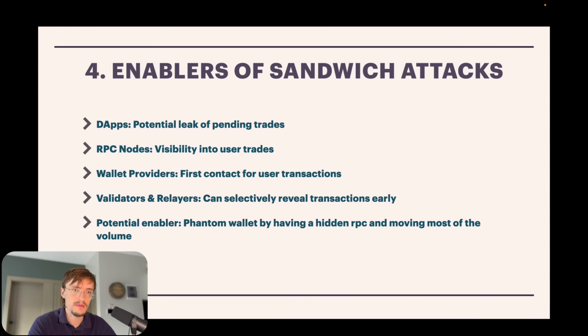I shared this in many videos, but for validators, every time a block is generated, there is a leader validator that builds that block, puts those transactions together for a profitable block. And yes, they can see it. The leader validator can see pending transactions and put them in the order that he wants to.